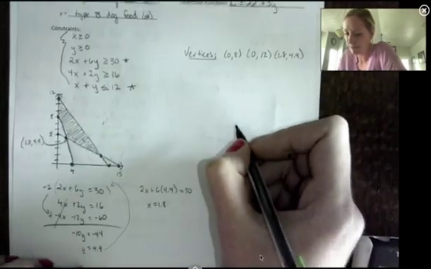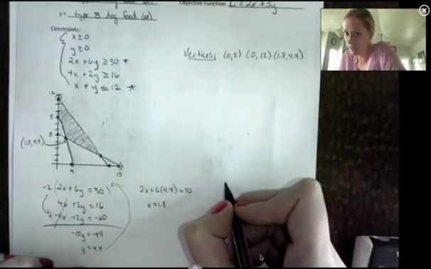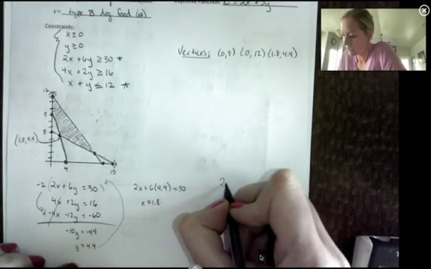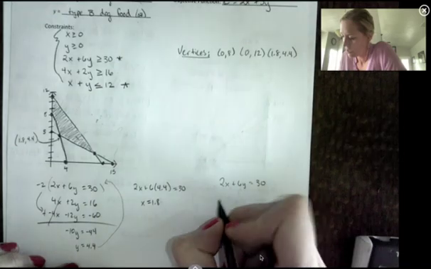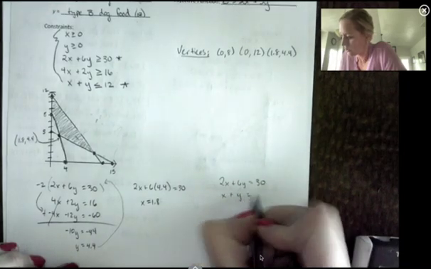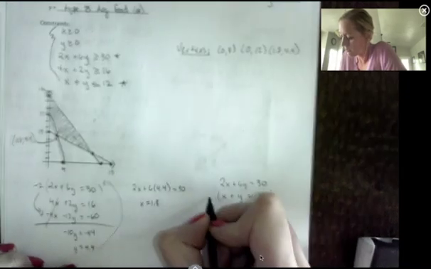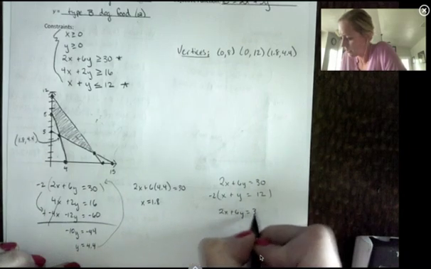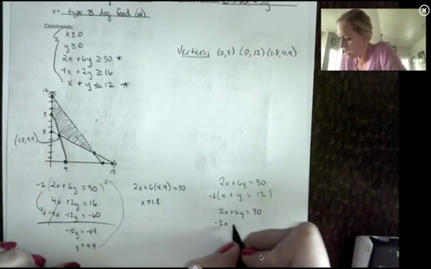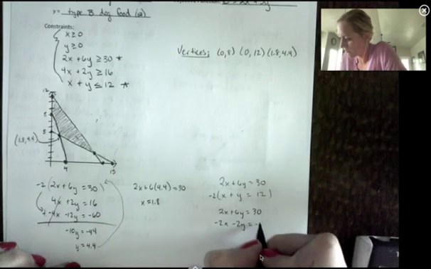So I have, down here, 2x plus 6y equals 30, and x plus y equals 12, and multiply the bottom one times -2. So I get -2x minus 2y equals -24.